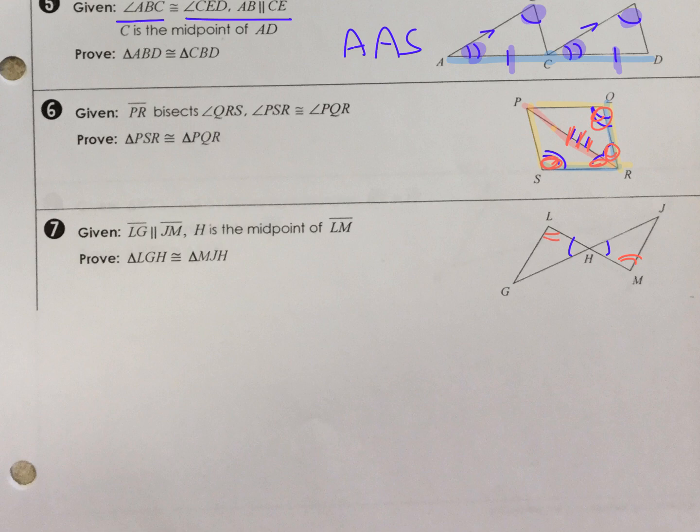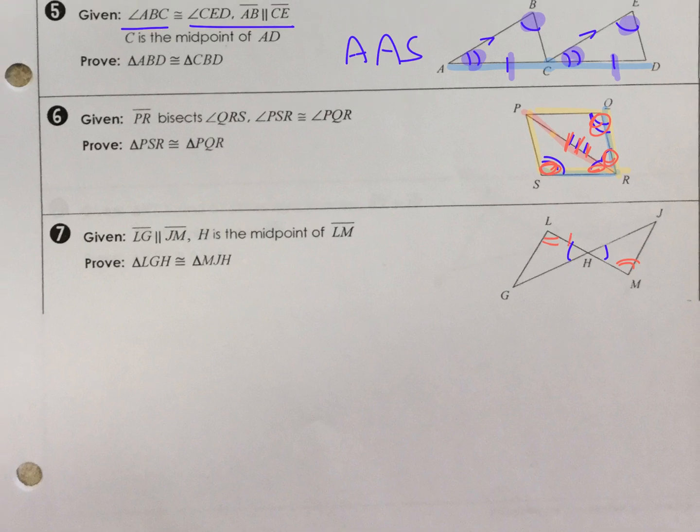If H is the middle, it's going to cut these two pieces in half. And when I look at this, I've got angle, side, angle, angle, side, angle. So this is actually an ASA.